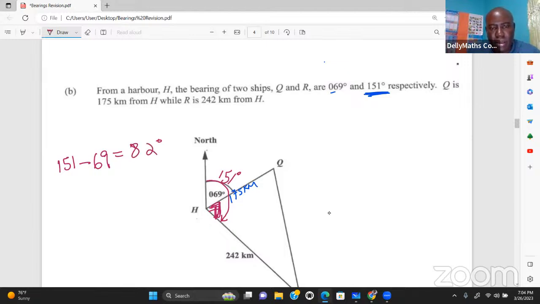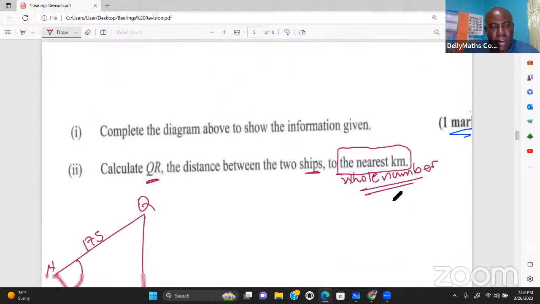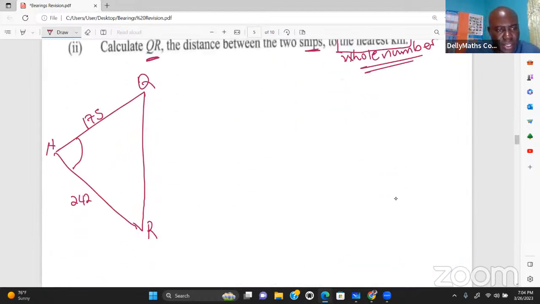That's 82 degrees right here. There we go. All right, so 82 degrees, 69, 151, good. All right, so down here, I could put on this, which is 82 degrees. And from here now, you can see that it's very similar. I want the side opposite to this, right?